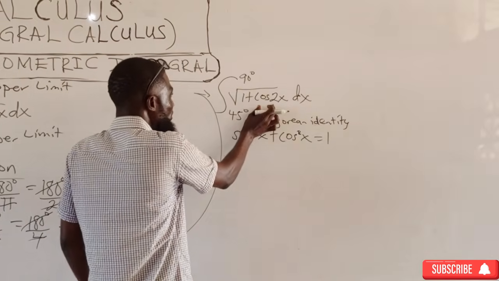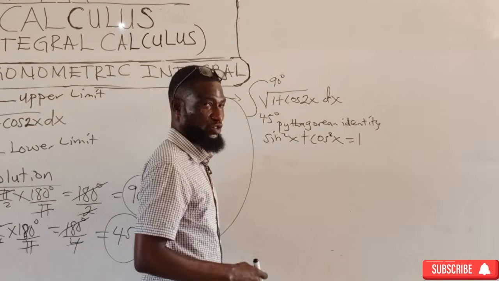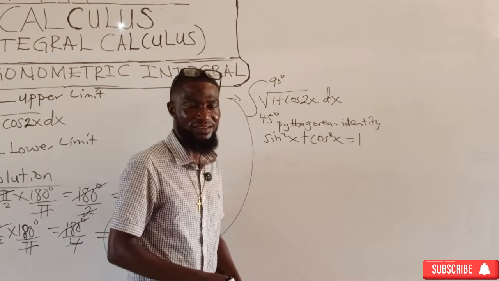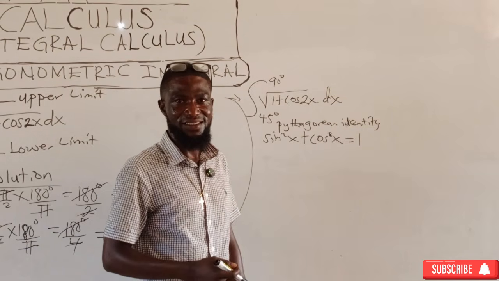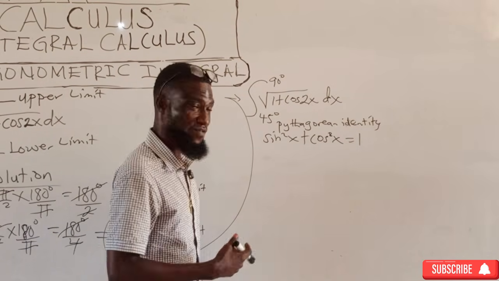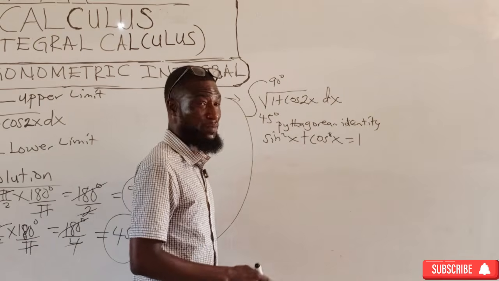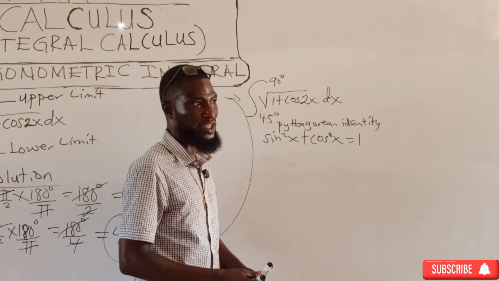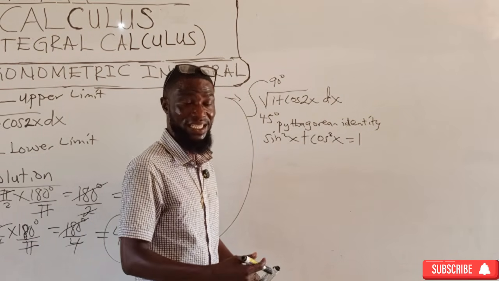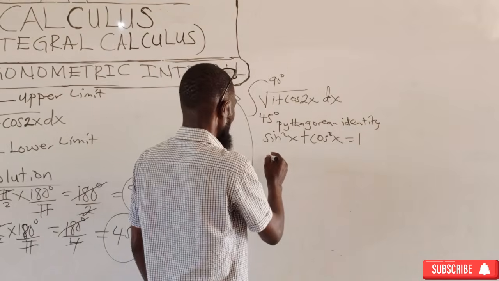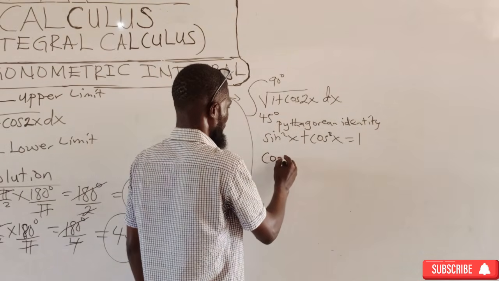On this note, we'll be using the cosine double angle formula to solve our problem, and we'll also be using the cosine angle addition formula. So we have cos 2x.